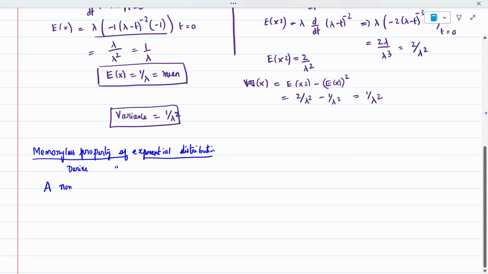A non-negative random variable. Non-negative means negative should not be there.